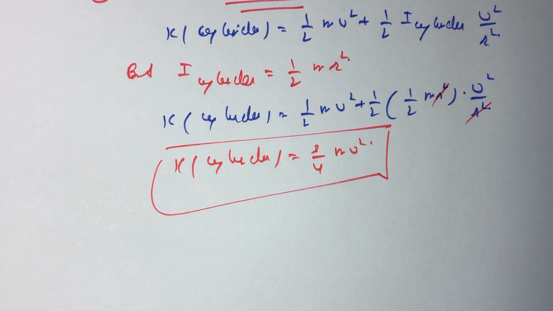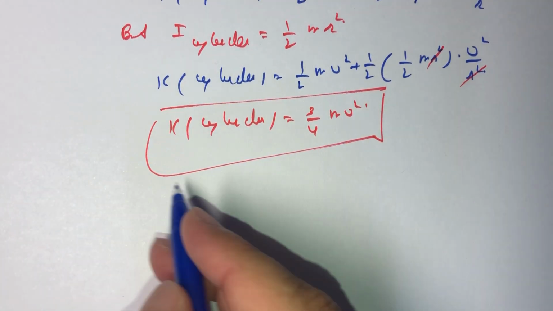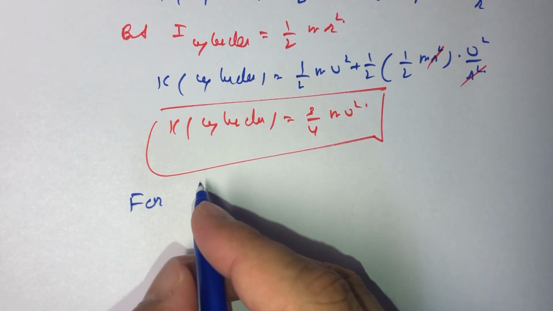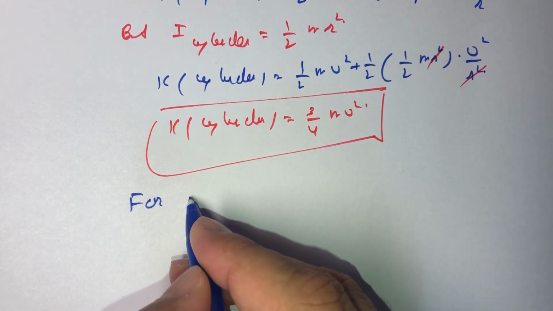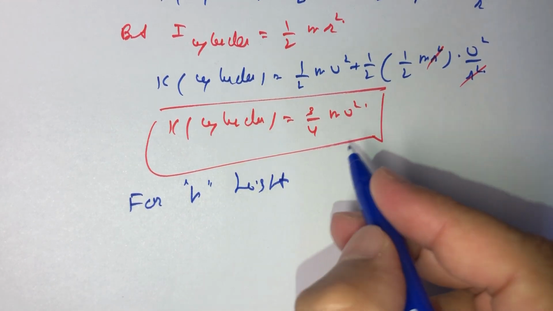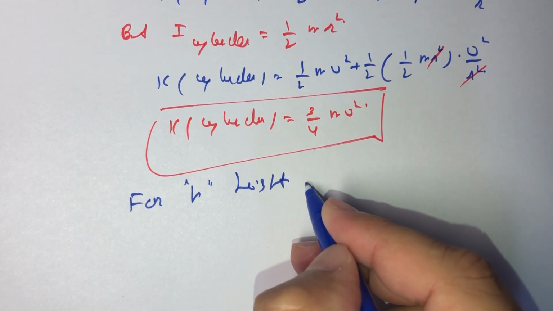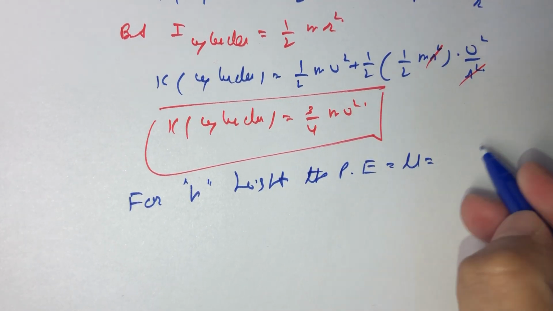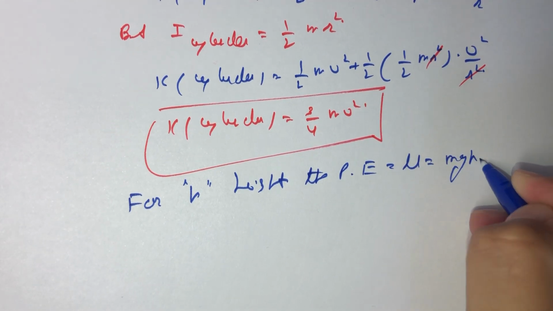And if they climb a height of h, then for height h, the potential energy U is equal to mgh.